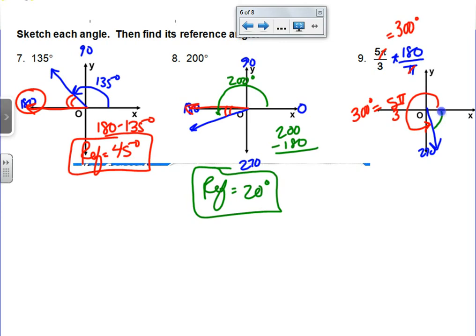So you actually have to determine how far it is from there to there. 60 degrees, very good. And you could have found that by doing 360 minus the 300, or most of you guys are just kind of visualizing what this looks like. So his reference angle is 60 degrees.